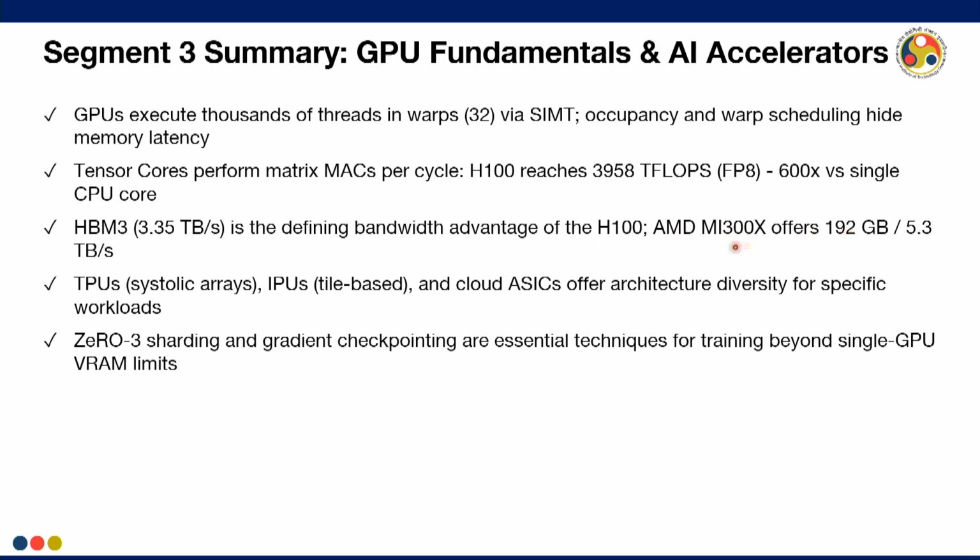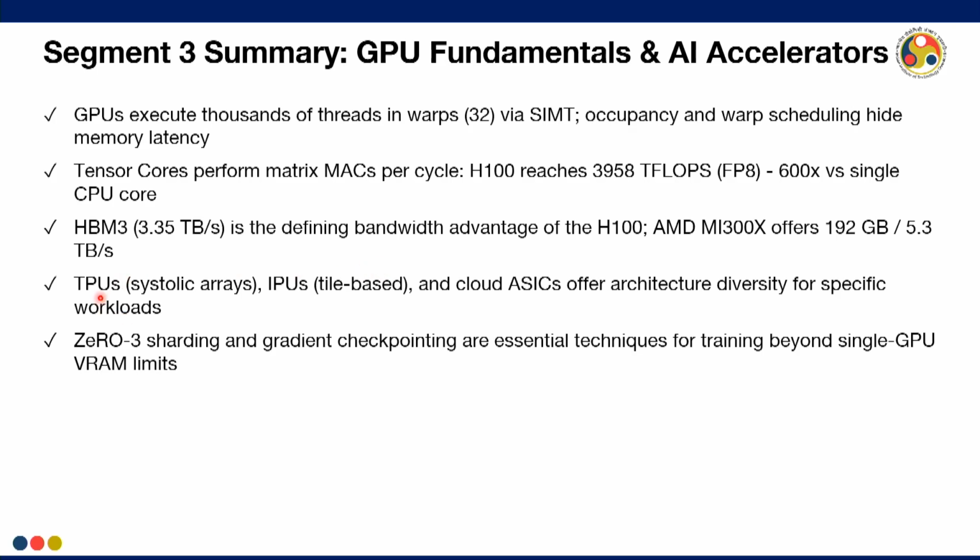You have the AMD MI300 series, which also offers very high VRAM HBM bandwidth. These are widely used in modern LLM training and inference.